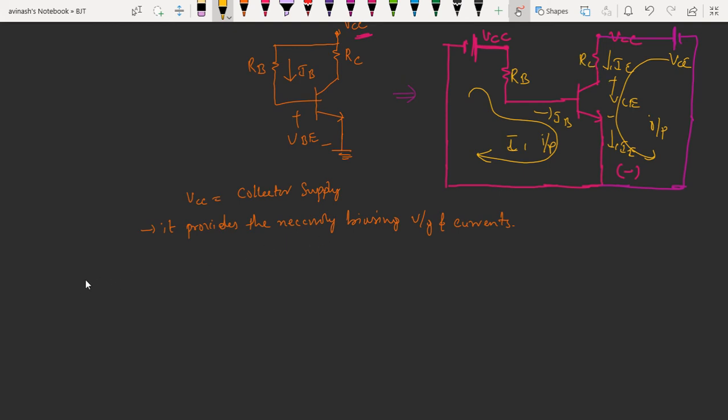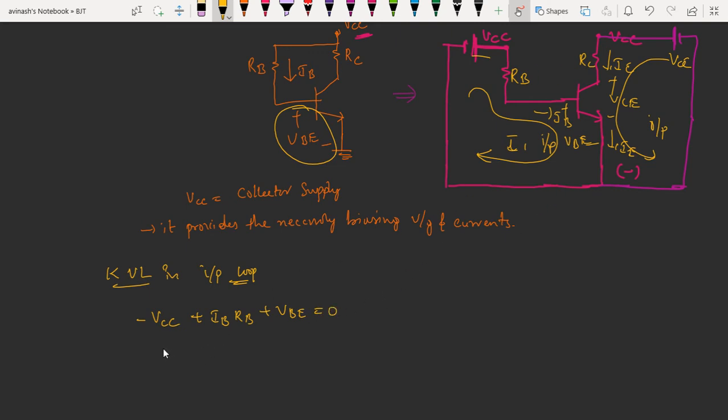Now let us apply KVL in the input loop. Starting from this part, this will be plus VCC, or else you can apply it like this: minus VCC plus IB into RB plus VBE equals 0, since the sum of all the voltage drops in a loop is equal to 0.